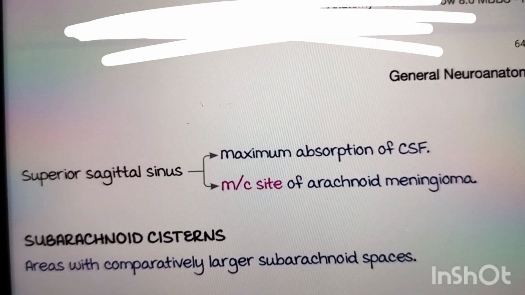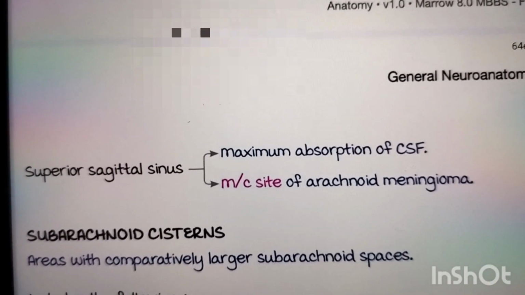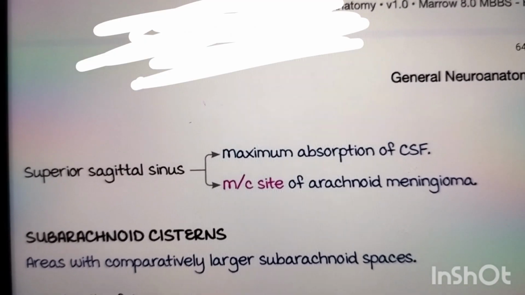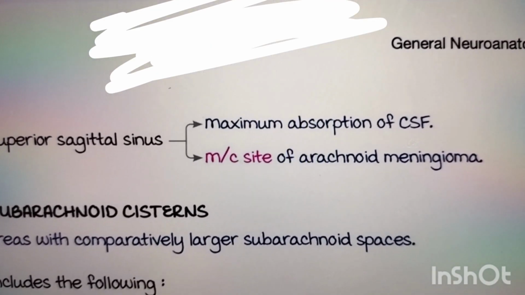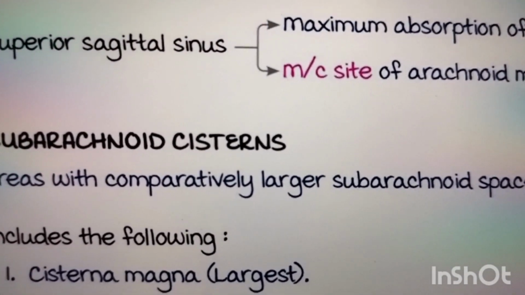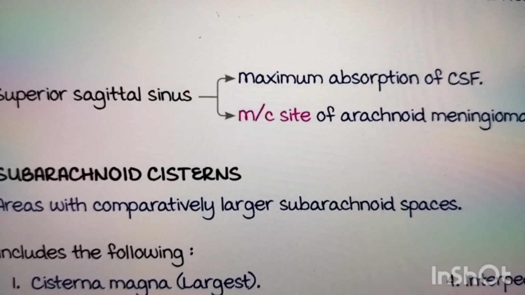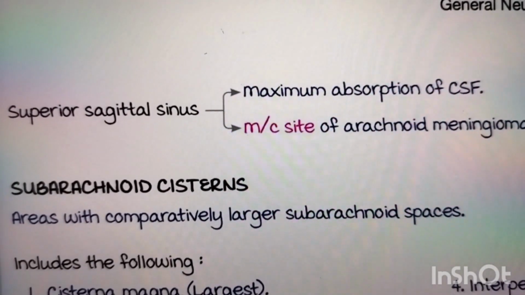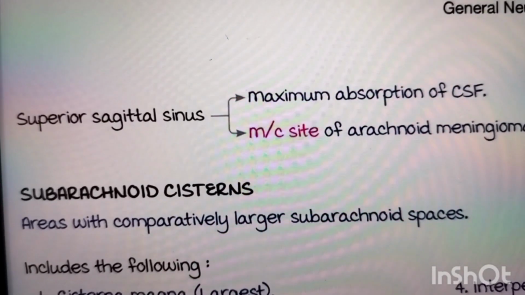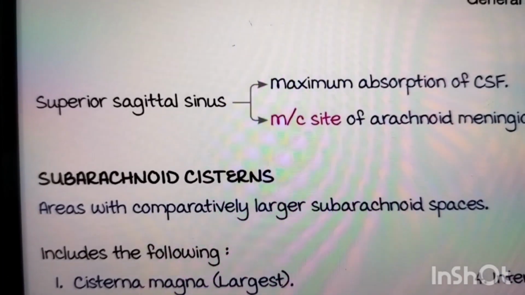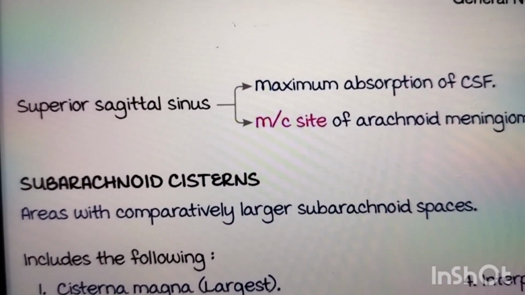They are larger than normal at some places, and where the area is comparatively larger in the subarachnoid space, that is called a subarachnoid cistern.